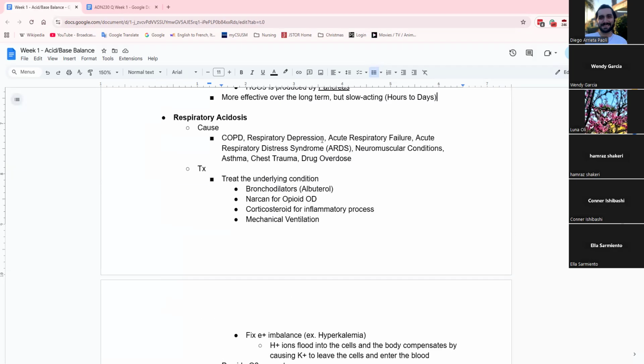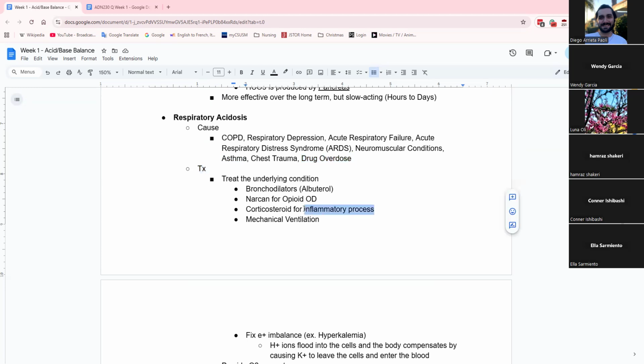Okay. So then we can go over some of the treatments here. It would involve treating the underlying condition. So if somebody's having an asthma attack, you're going to give them their rescue inhaler, their bronchodilators, their albuterol. If somebody's having a drug overdose, such as an opioid overdose, that's what Narcan is for.